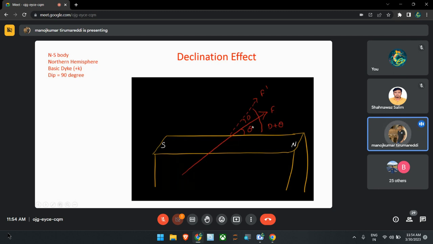If declination is involved, this value will change. Suppose some 2-degree declination is there. First, for east-west bodies, we should calculate 90 plus 2, meaning 92 degrees. Anomalies if the angle is 92 degrees. Is it clear?